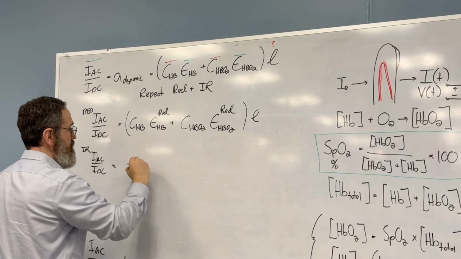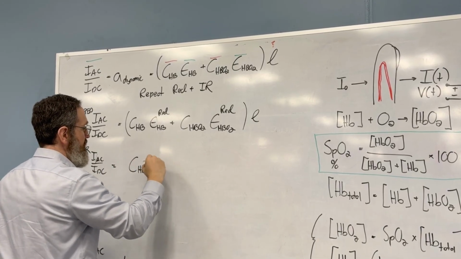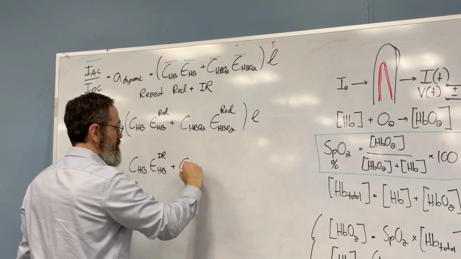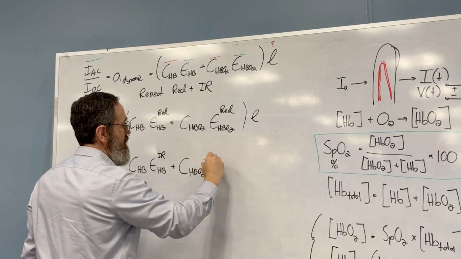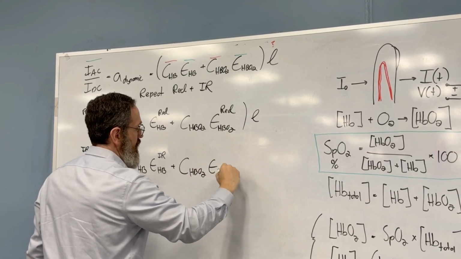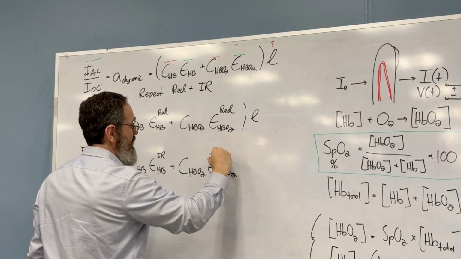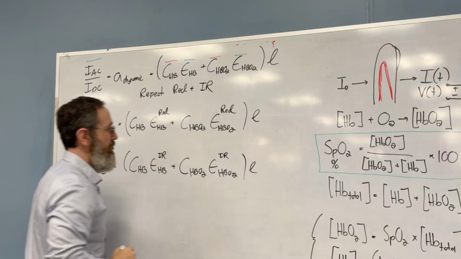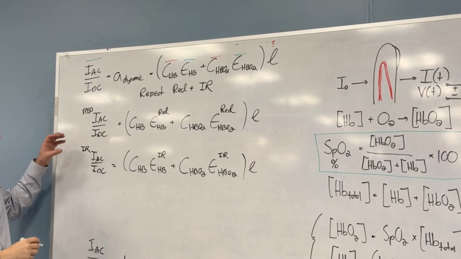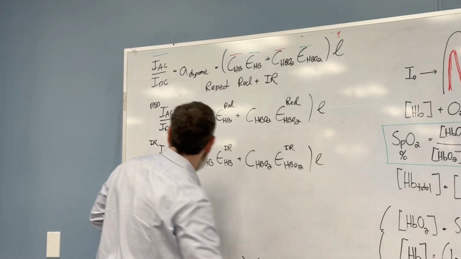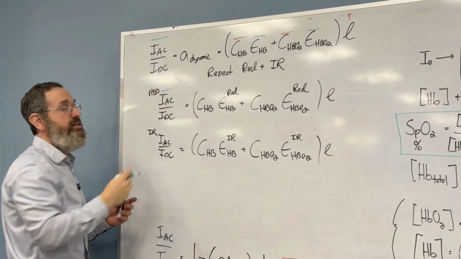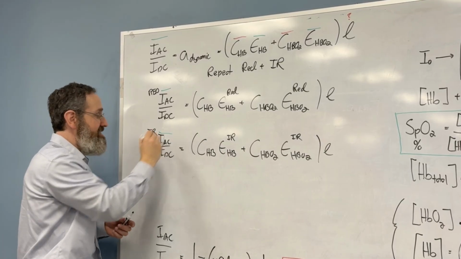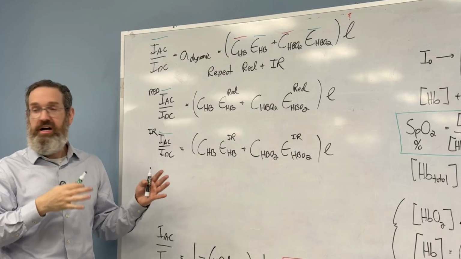It's going to be the same concentration of Hb times the absorption of Hb at infrared plus the concentration of oxyhemoglobin times the absorption of oxyhemoglobin at infrared, times L. I have this. It's a number, 3, that's sitting in my computer. I have this. It's another number, 1.5, that's sitting in my computer.